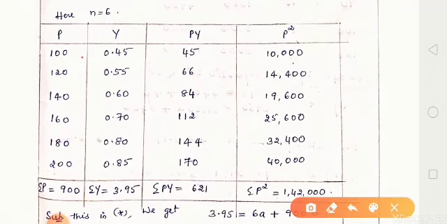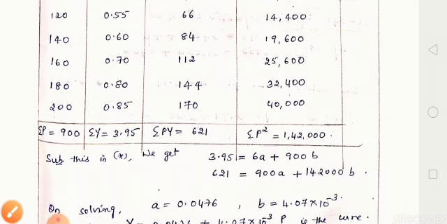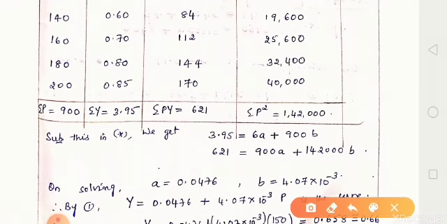Multiply each p, y value and write it in the next column. Square each of the p values and write as p square. We want the sum of each column. Sigma p equal to 900, sigma y equal to 3.95, sigma py is 621 and sigma p square is 1,42,000.